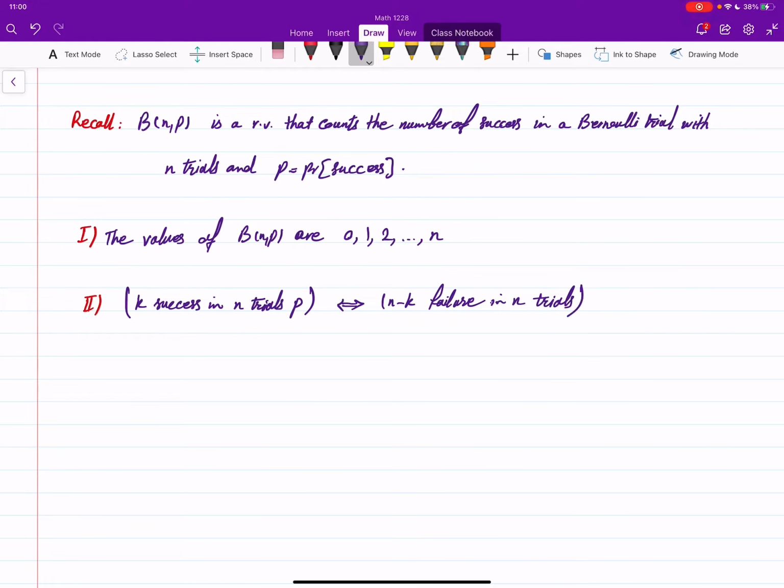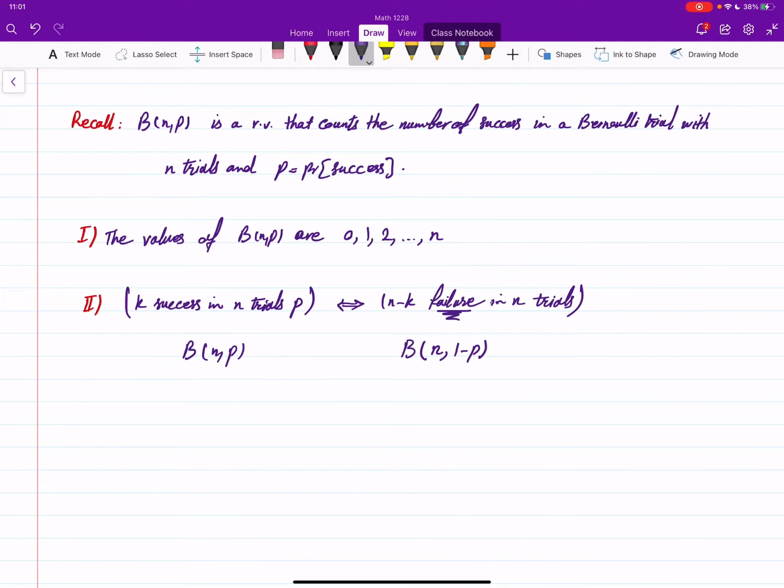So if you start counting failures as success, this will mean that you're using a binomial random variable with n trials, but the probability of success now becoming the failure, which is 1 minus p. And while this one was B(n,p), here we were counting the number of successes.